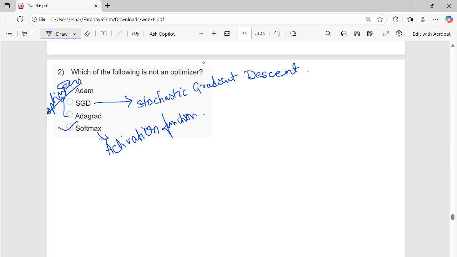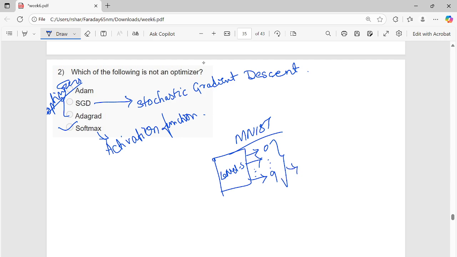It is commonly used in the output layer of a classification model to convert logits, or the raw prediction scores, into probabilities. So if we have, say, LeNet-5 trained on the MNIST dataset, it will have 10 outputs, 0 to 9, a 10-class classification problem, and these values are called logits, which are passed through softmax to get the probabilities.